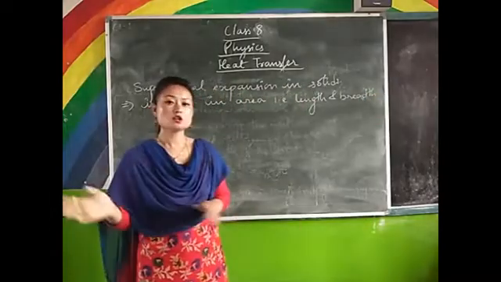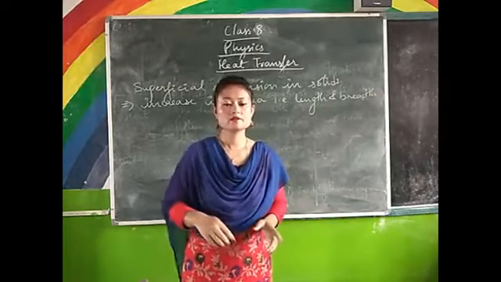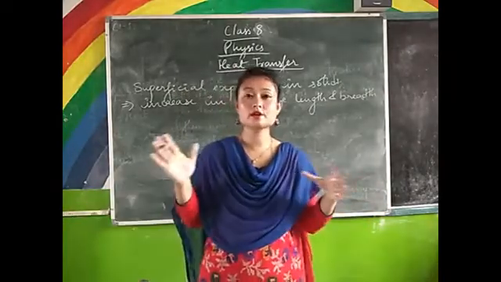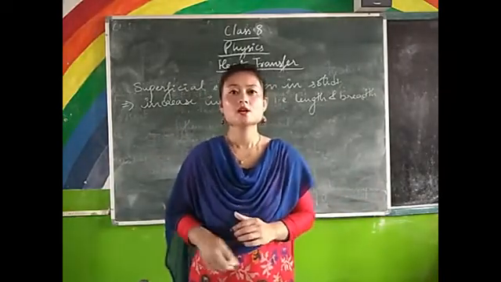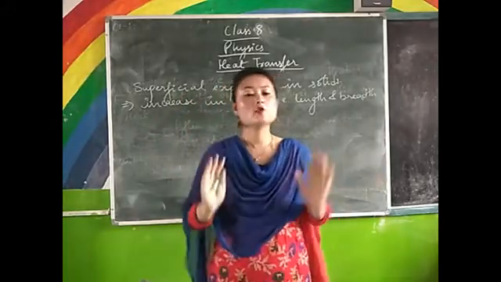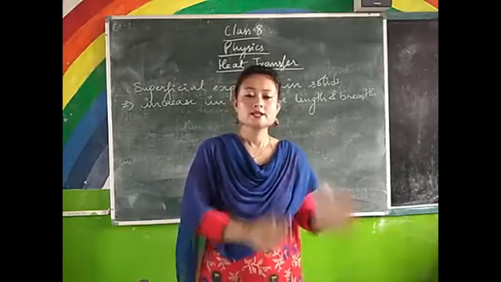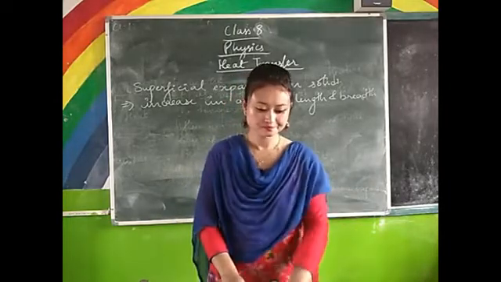Not only length, not only breadth, but both. If both length and breadth increase for a solid, then we say it is superficial expansion. And if only the length increases, then we call it linear expansion.